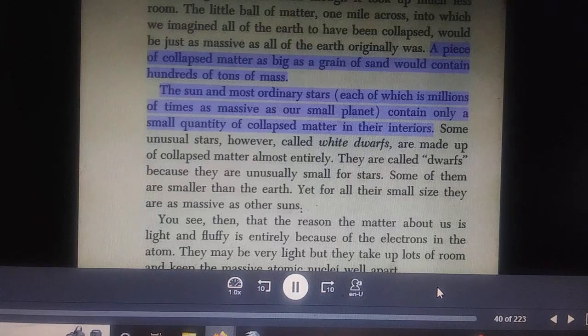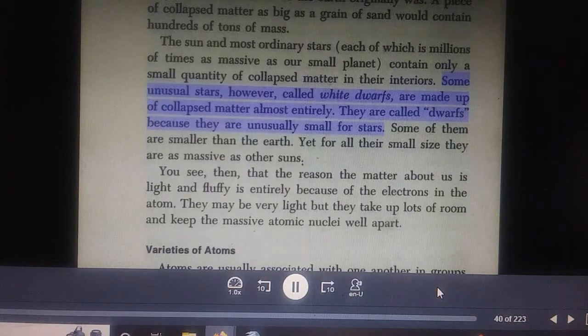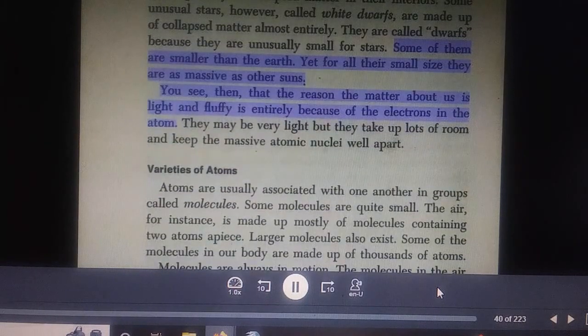The Sun and most ordinary stars, each of which is millions of times as massive as our small planet, contain only a small quantity of collapsed matter in their interiors. Some unusual stars, however, called white dwarfs, are made up of collapsed matter almost entirely. They are called dwarfs because they are unusually small for stars. Some of them are smaller than the Earth.